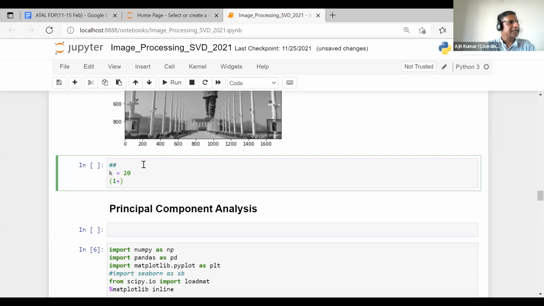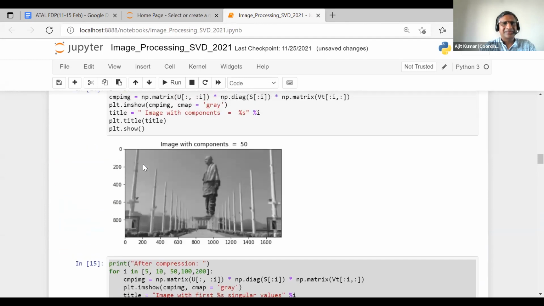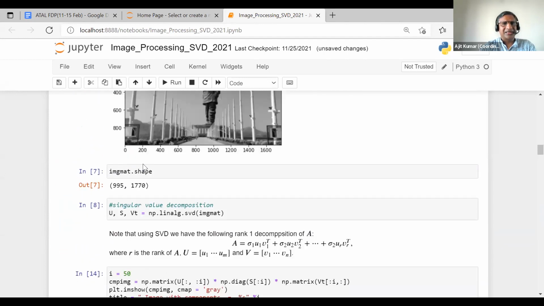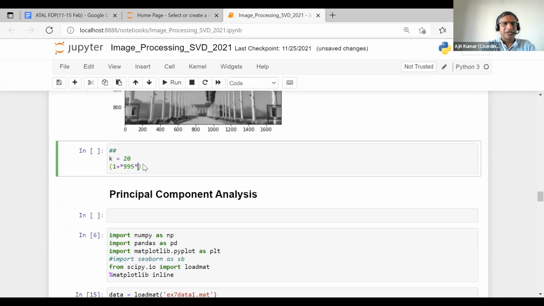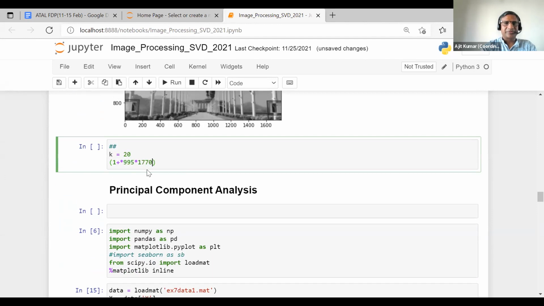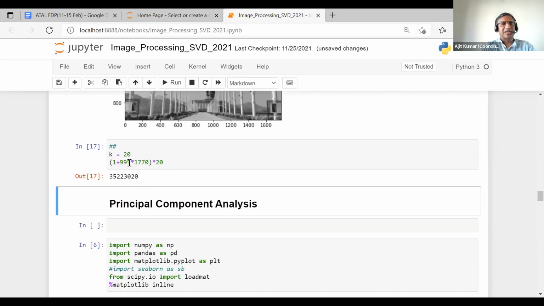So 1 plus, then U will have size what? 995, right? And V has, it was 1770, right? I can write M and N. I think I wrote M and N somewhere, but 1770. I'm doing it manually. 1770. This times 20.